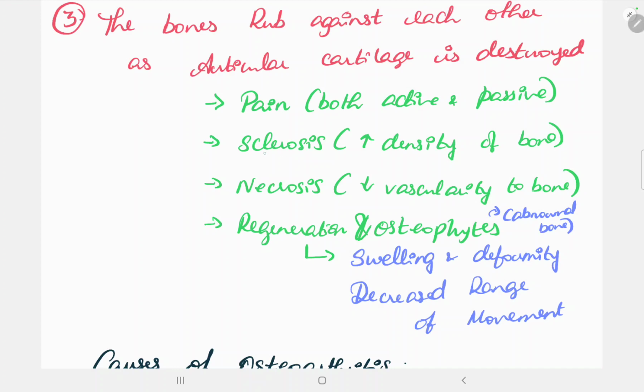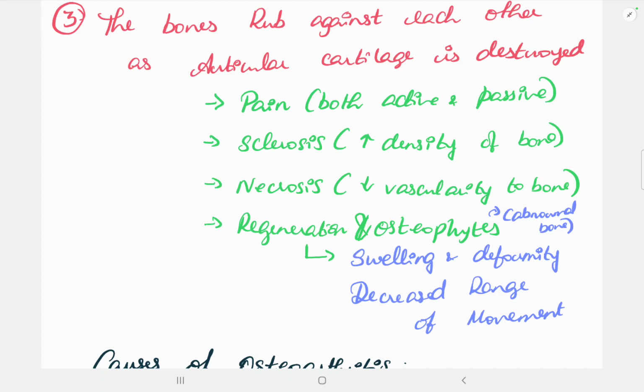Second, there will be sclerosis, that is, there will be an increase in the density of the bone. There will be an increase in density of bone because the joint is weight bearing and the articular cartilage is also destroyed. So the bone needs to increase its density so as to bear the pressure. So that is the reason for sclerosis.